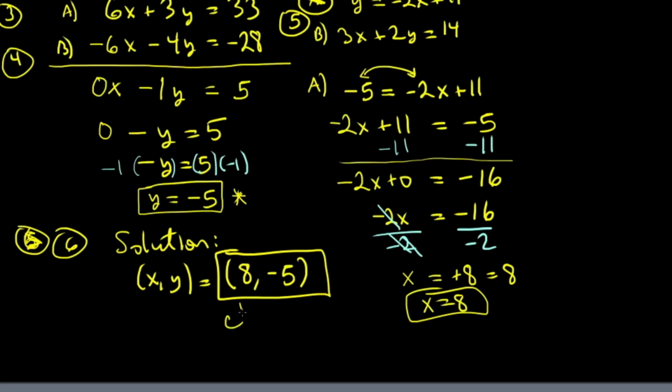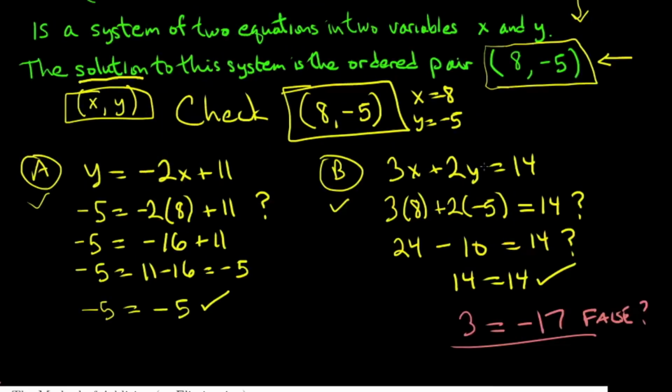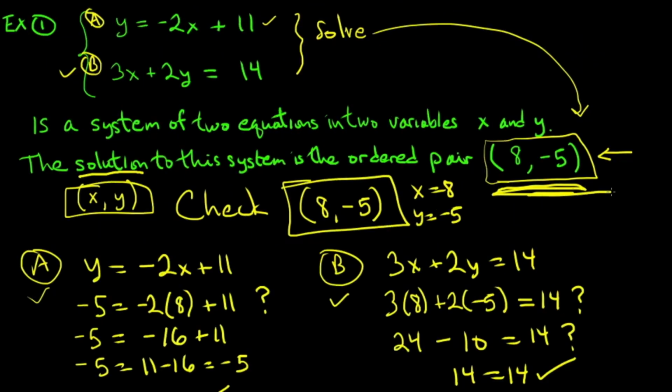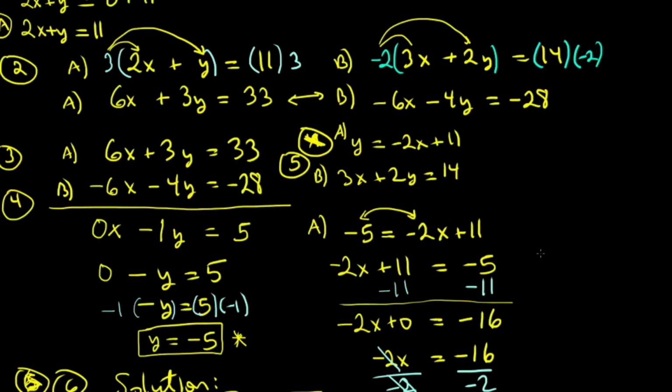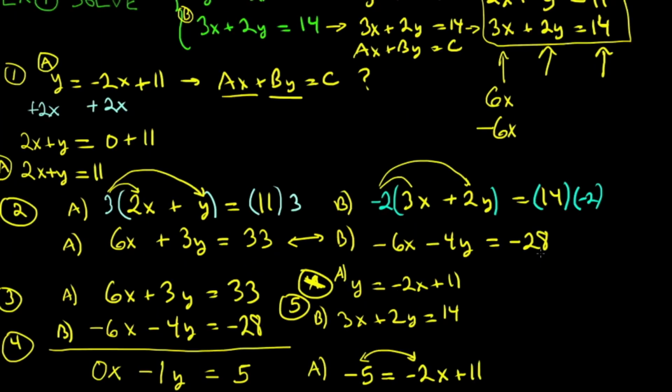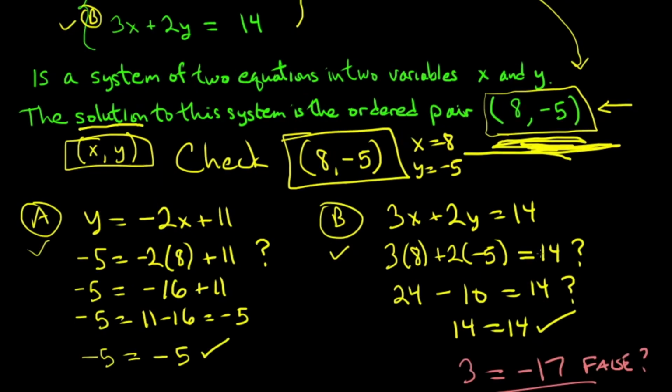Actually, we did that already. If you remember, this should look familiar. The 8, negative 5, right? I originally just gave that to you. I said that that's the solution. Now we actually showed how to get that by using this process. Okay. So when we checked earlier that this is the solution, that was our step 6.